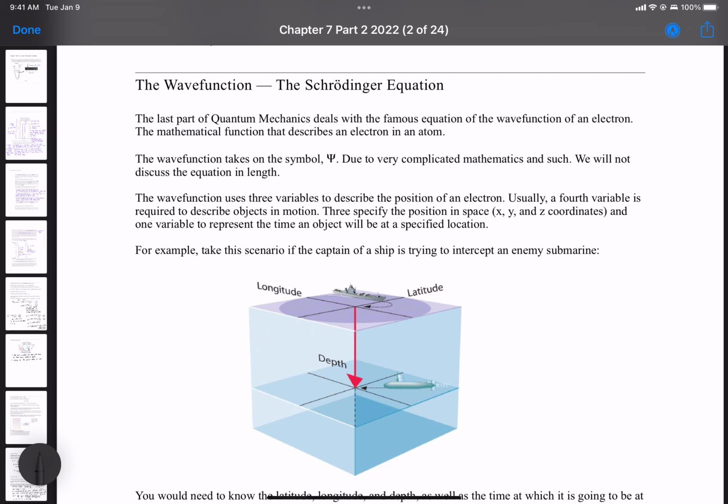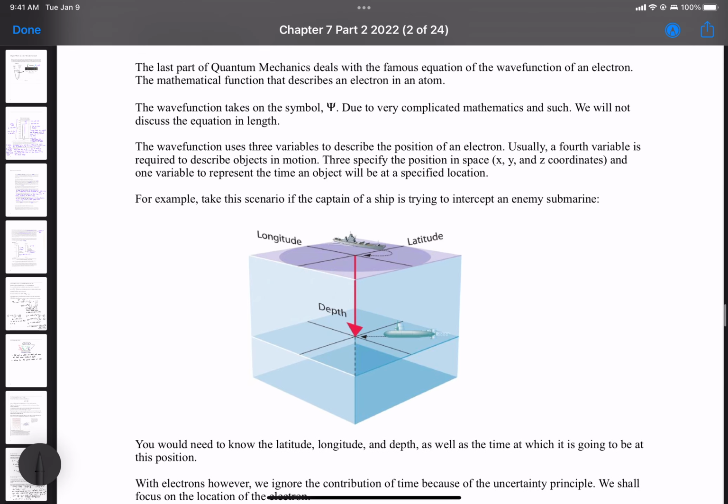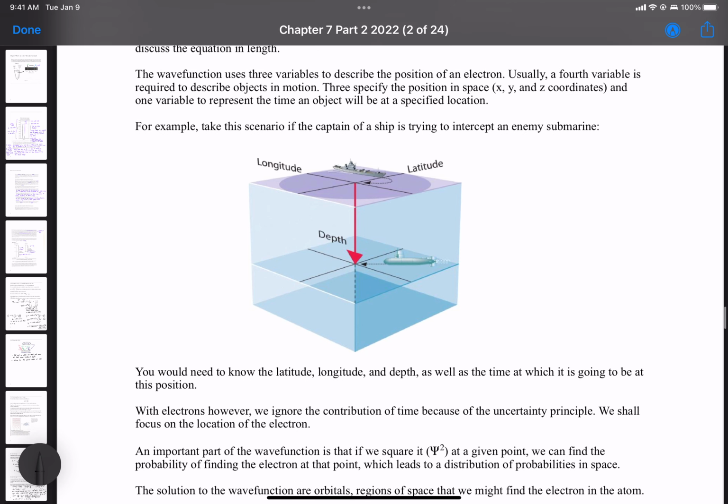So let's take this example. The captain of a ship is trying to intercept an enemy submarine. You would need to know the longitude, latitude, and depth, as well as the time it will take to be at a certain position, right? So you will use some very fine equipment to predict its location and what time it will appear at a specific location.